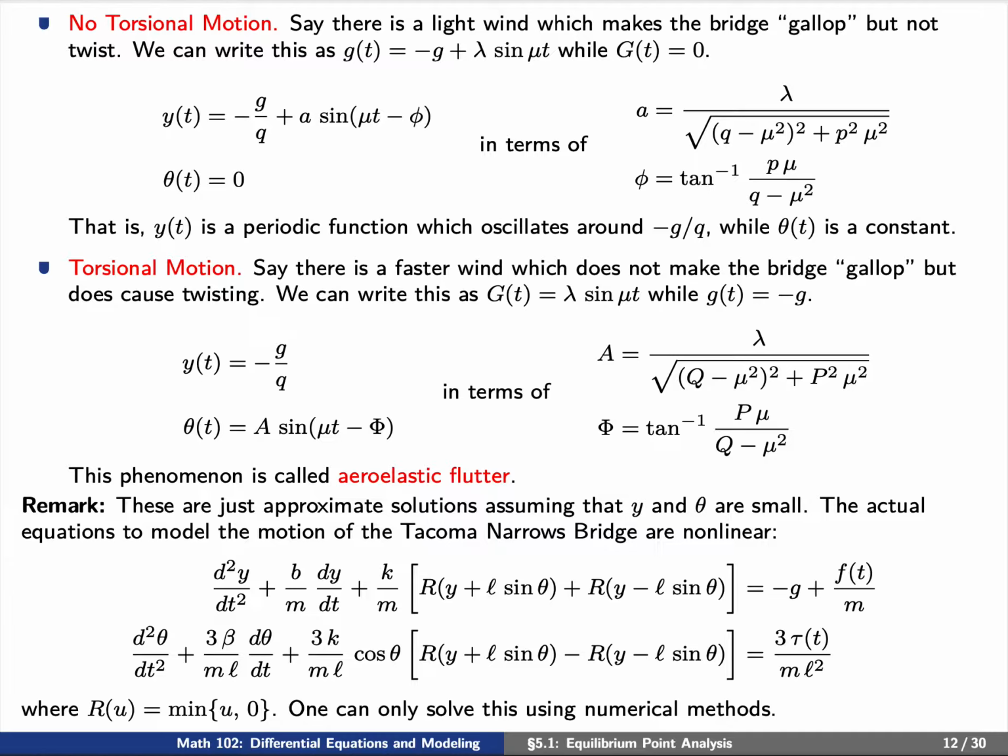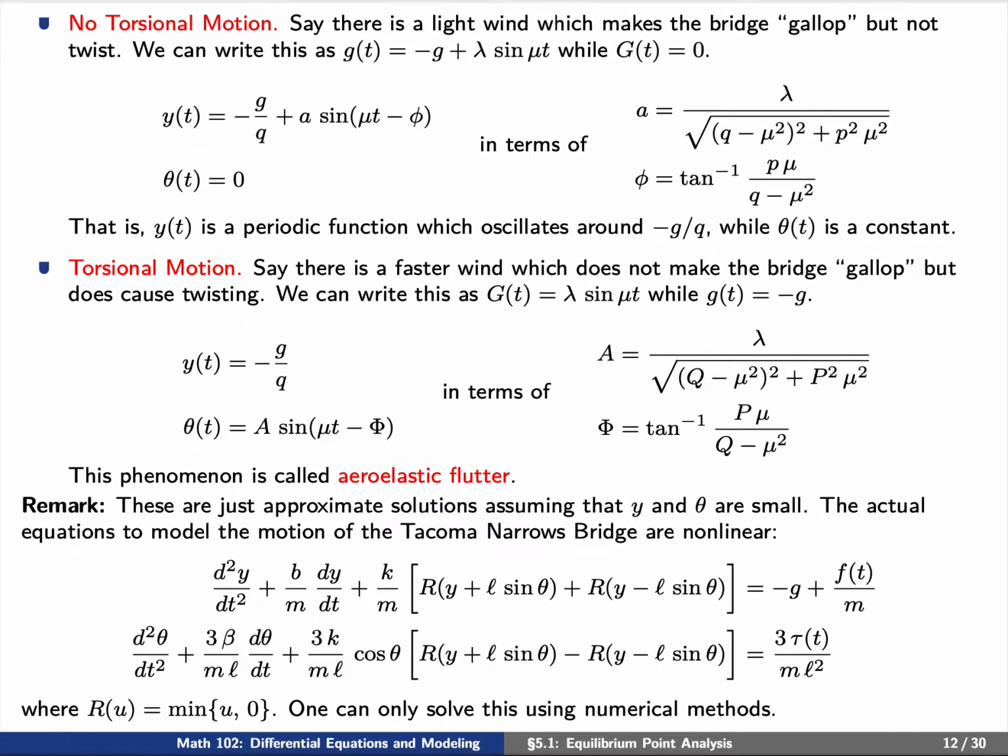We found that y of t equals a constant, negative g over q, plus a periodic function, a sine omega mu t minus phi, and theta of t is the constant 0. That is, y of t is a periodic function that oscillates around negative g over q, while theta of t is a constant function. This actually explains the galloping motion that the bridge underwent for the first 4 months.